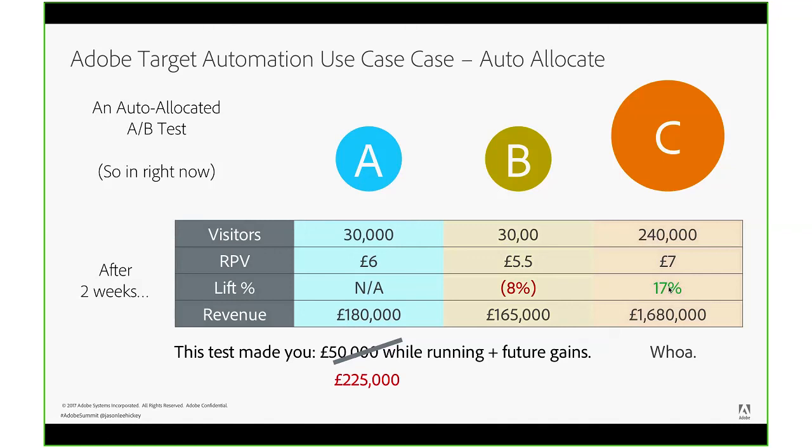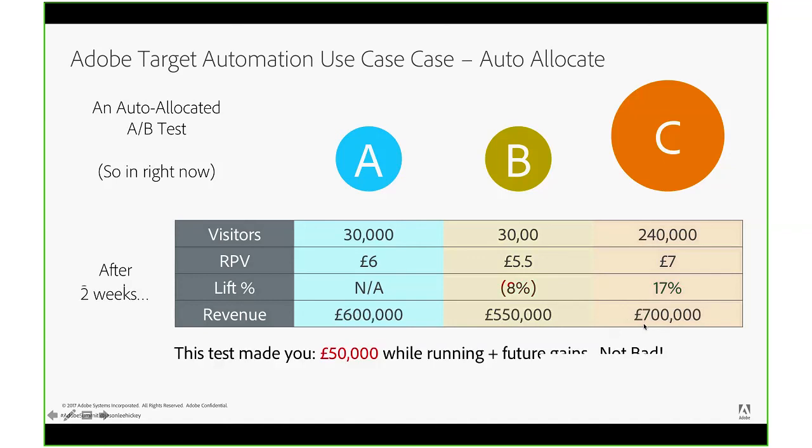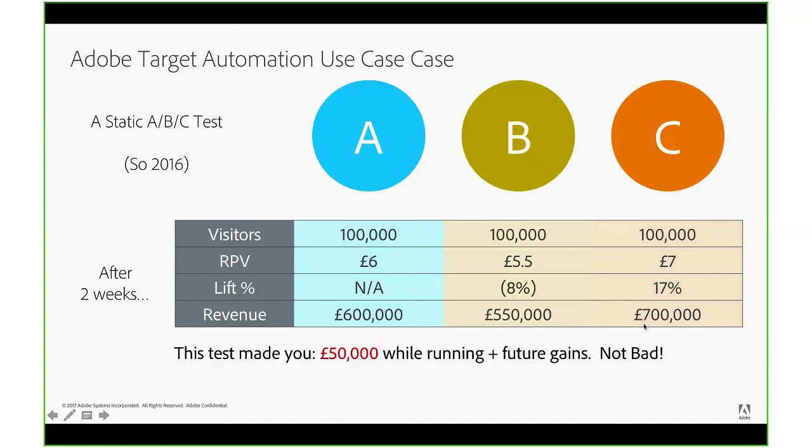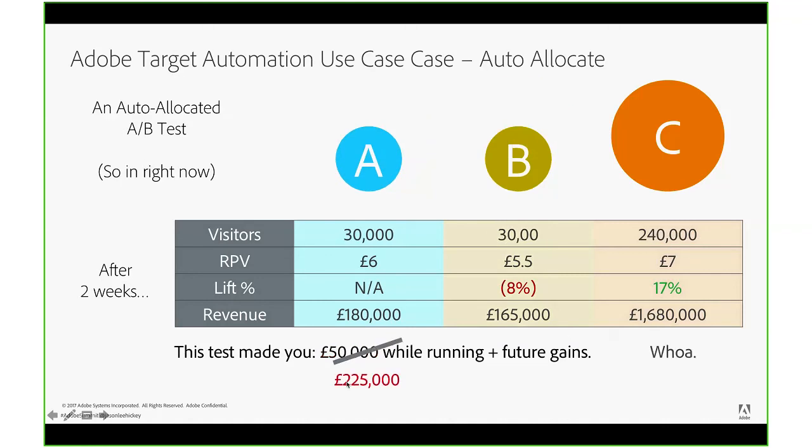As a consequence, we're able to lift the performance from the standard revenue numbers that we saw before to having a lift of, in this case, £225. But you get the idea that what we're doing here is shifting traffic from these poor performing experiences into our best performing experience, and that boosts our performance.